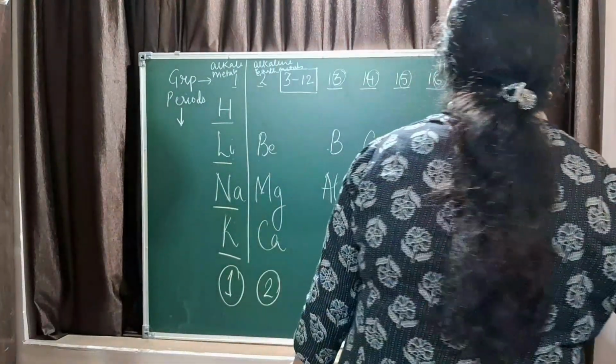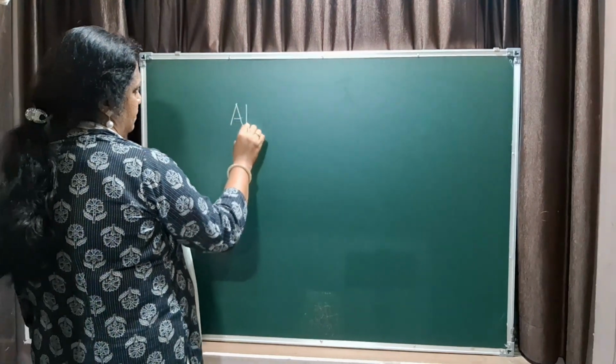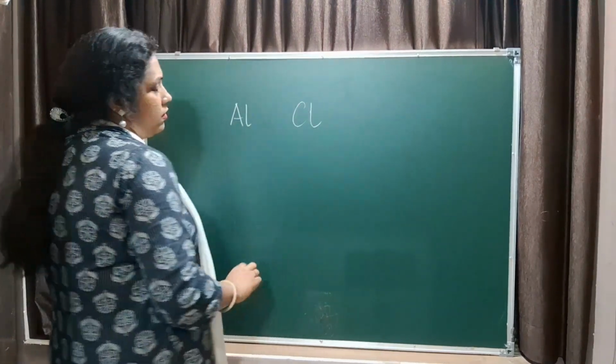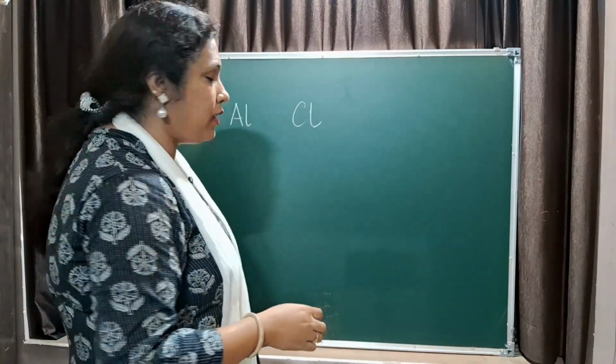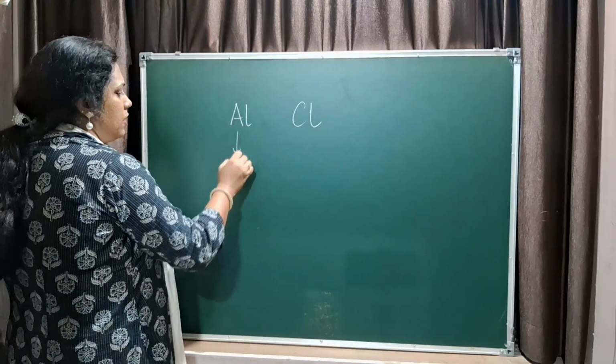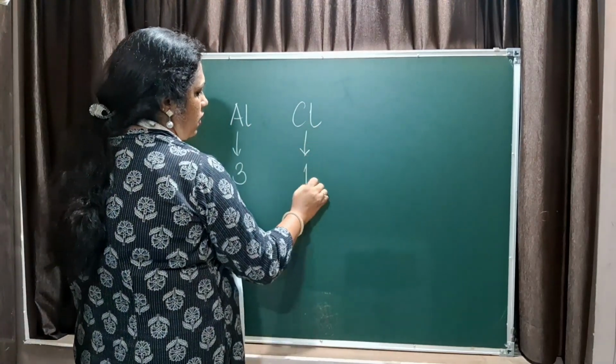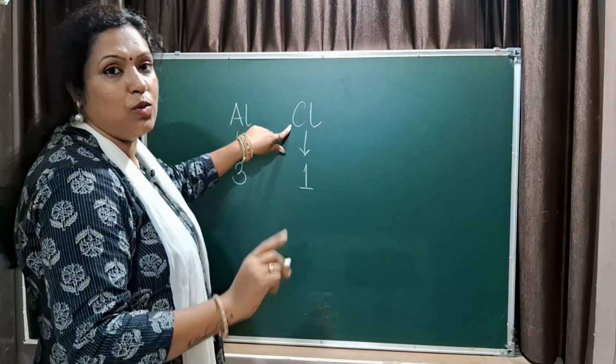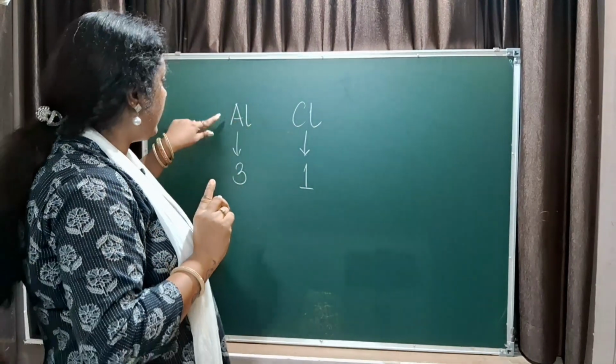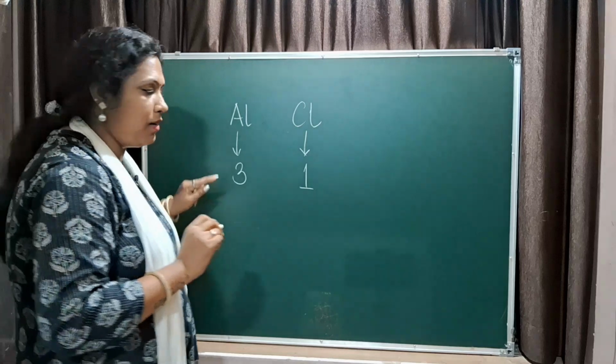lecture. Okay. If I write aluminium and chlorine. Please refer the notes that you have taken. What is the valency of aluminium? 3. What is the valency of chlorine? 1. So chlorine has got only 1 arm and aluminium has got 3 arms.